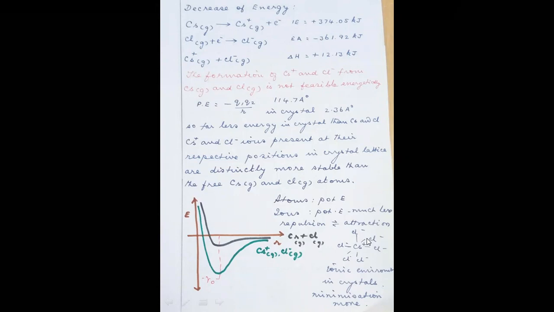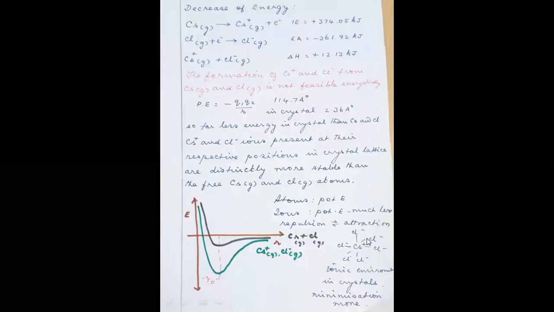So any cation in a crystal structure is surrounded by a number of anions, and any anion in the crystal structure will be surrounded by a number of cations. This is called coordination number in crystals. If you cancel out the coordination numbers, finally you will get 1:1 for cesium chloride.